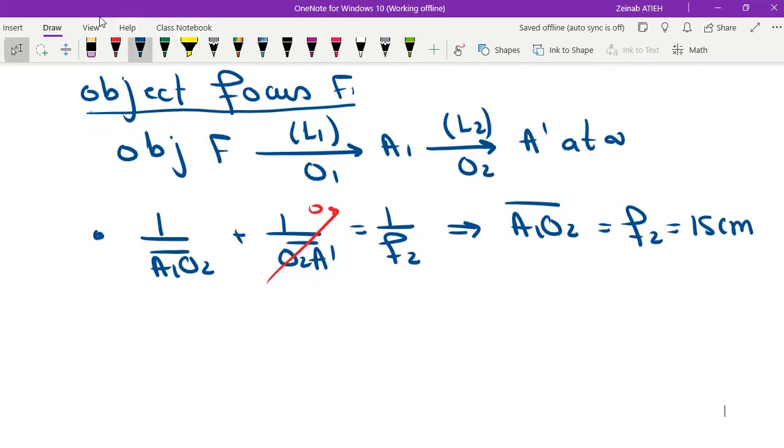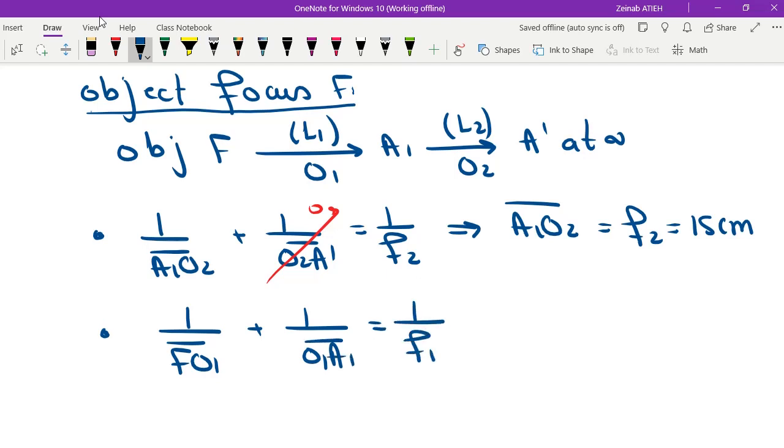I will apply the lens formula for lens L1. 1 over FO1 plus 1 over O1A1 equals 1 over F1. نحن جبنا ال A1 بالنسبة لل O2.